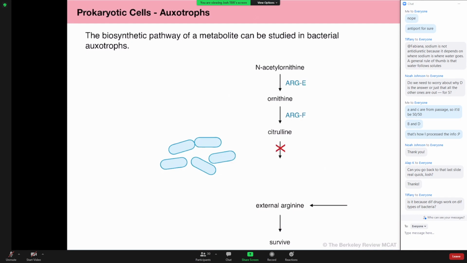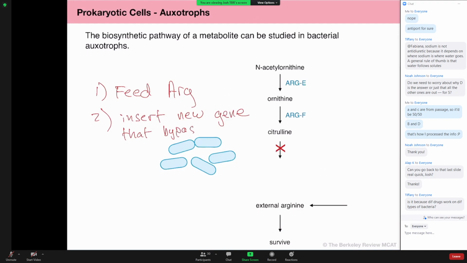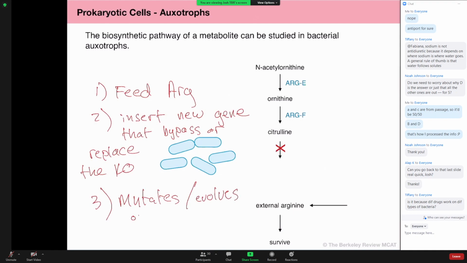So the only way for this thing to grow is, one, you feed arginine, two, you insert a new gene or set of genes that can bypass or replace the knockout, and three, the bacteria mutates or evolves on its own.